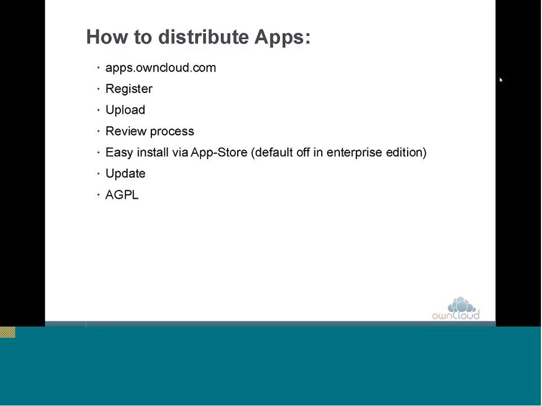This is at the moment switched off for our ownCloud Enterprise Edition, because our enterprise users want to have stricter rules about what should be installed on the server and what not. So perhaps you want to make sure that only certified and checked apps are running on your machine, and an admin could, with just a click, put some third-party code onto your server, and that's not always wanted.